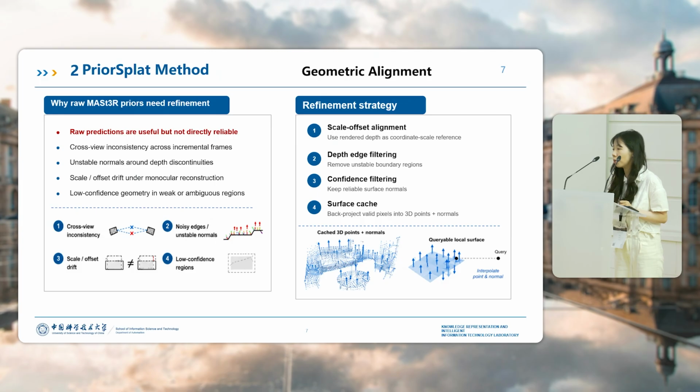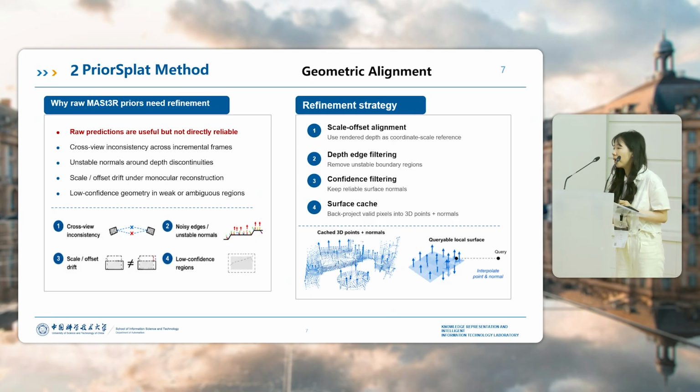MASt3R is a powerful stereo foundation model that produces dense depth and surface normal estimates. However, raw MASt3R predictions cannot be used directly. They suffer from cross-view inconsistency across the incremental frames, unstable normals near depth discontinuities, and the scale offset and drift inherent to monocular reconstruction.